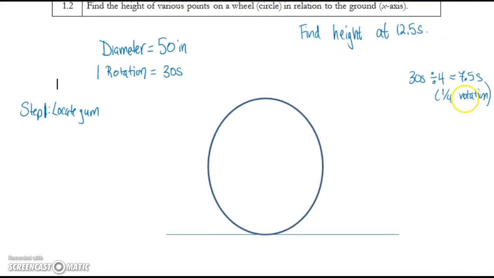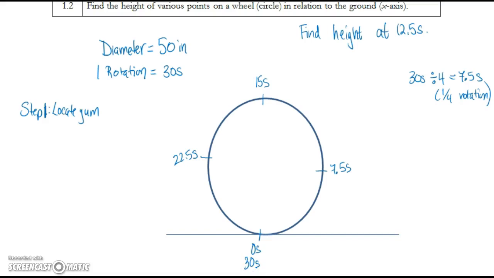So since 7.5 seconds is 1/4 of a rotation, let's start here at 0 seconds. From 0 seconds, we're now at 7.5 seconds. When we add another 7.5, we're now at 15 seconds. When we add another 7.5, we're now at 22.5 seconds. When we add another 7.5 seconds, we're now at 30 seconds.